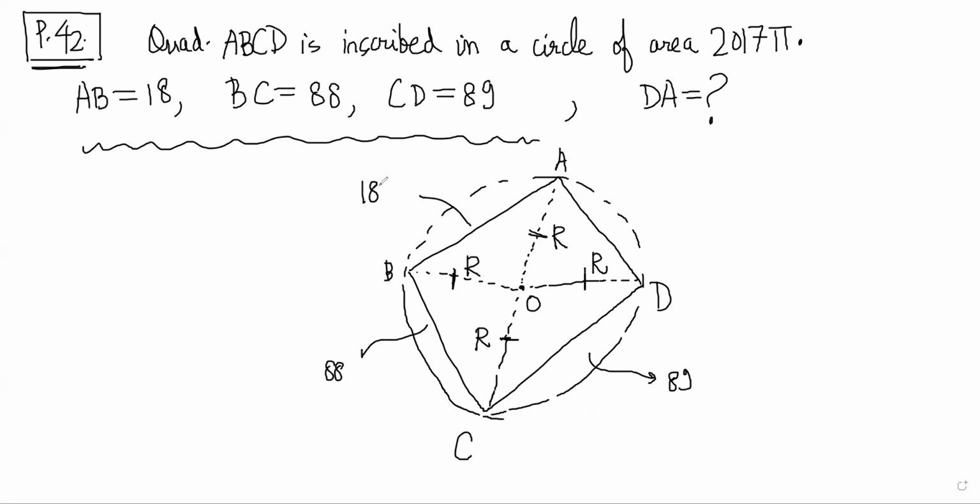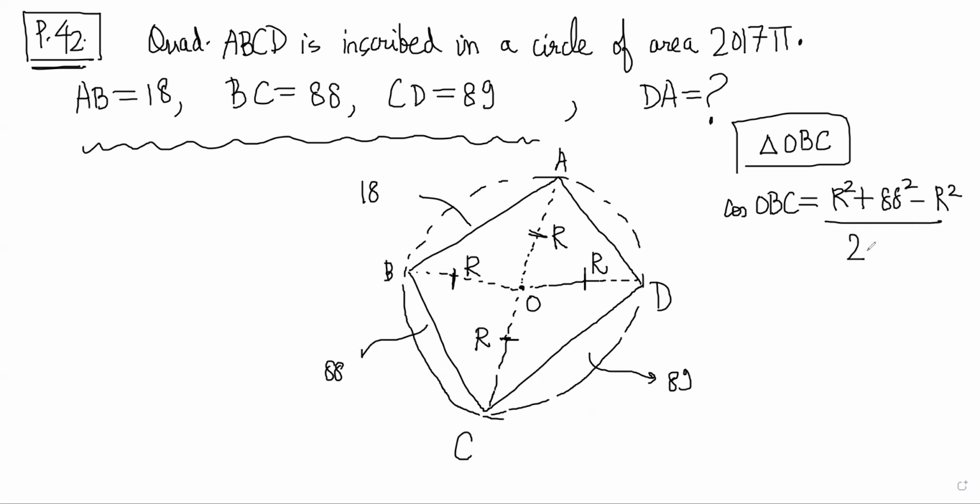Okay. So if you think of triangle OBC, in triangle OBC, what is cos of OBC? If you think of the cos of that angle, that would be equal to (R squared plus 88 squared minus R squared) divided by, do you understand what I am doing?